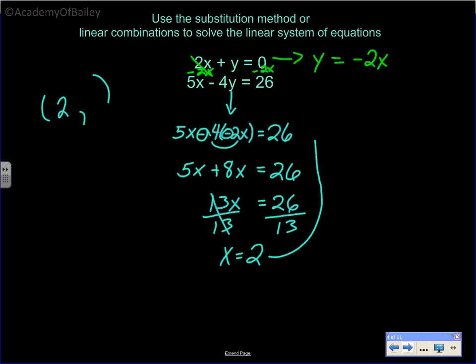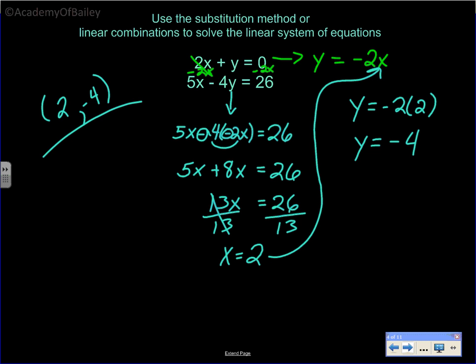And since x is equal to 2, we plug it right in there for x. Y is equal to negative 2 times 2. And negative 2 times 2 is going to be negative 4. And then we write negative 4 on the right side. And so we have our solution.